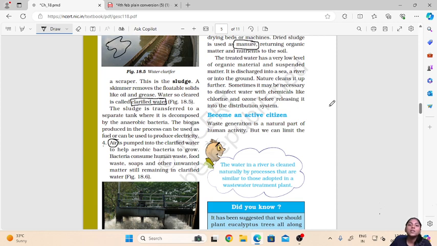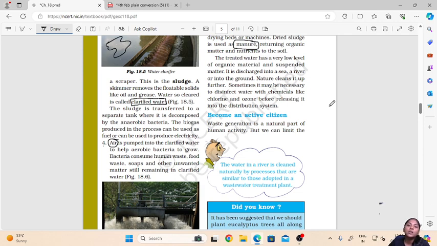Now after all these 4 steps, the treated water has a very low level of organic matter or waste which was initially present. So now this water can be discharged into the sea or a river. Then nature further cleans this water up.